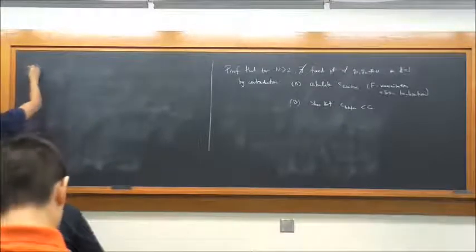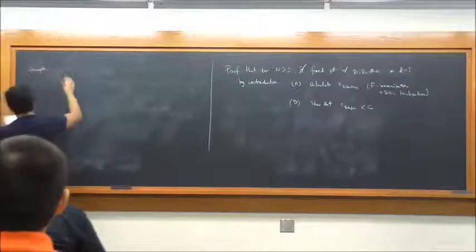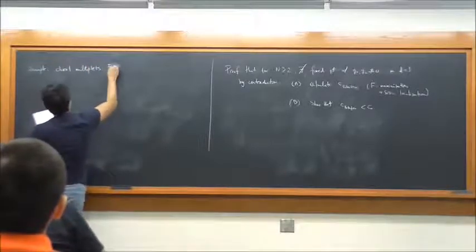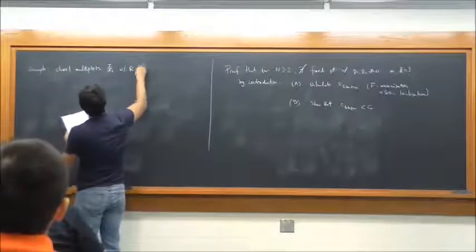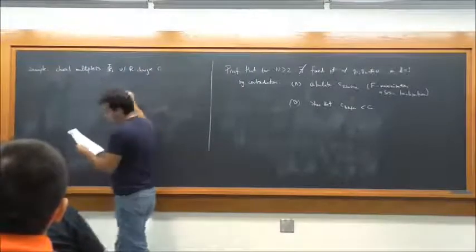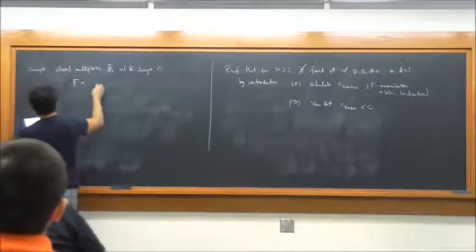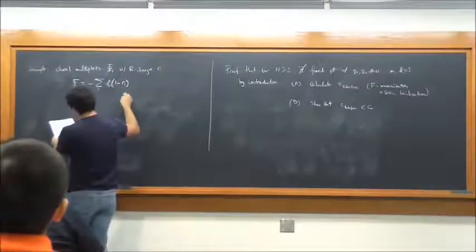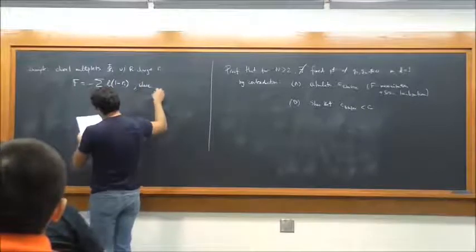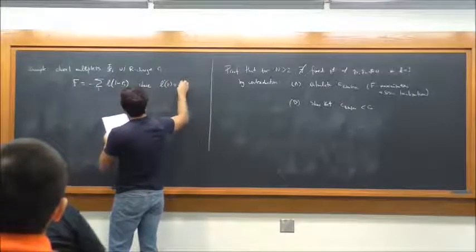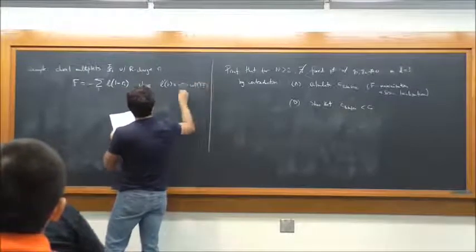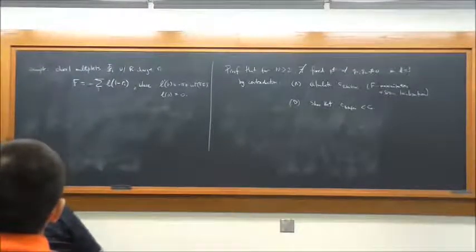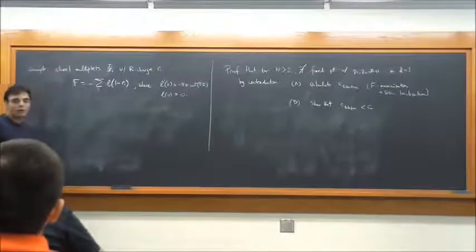As an example, when we have only chiral multiplets phi_i with R charge R_i, F from supersymmetric localization is just minus the sum of some function l evaluated at 1 minus R_i, where the function l is defined by l'(z) = minus pi z cotangent of pi z, and l(0) = 0. This differential equation uniquely specifies the function, and this is what F is for those choices of R charges.